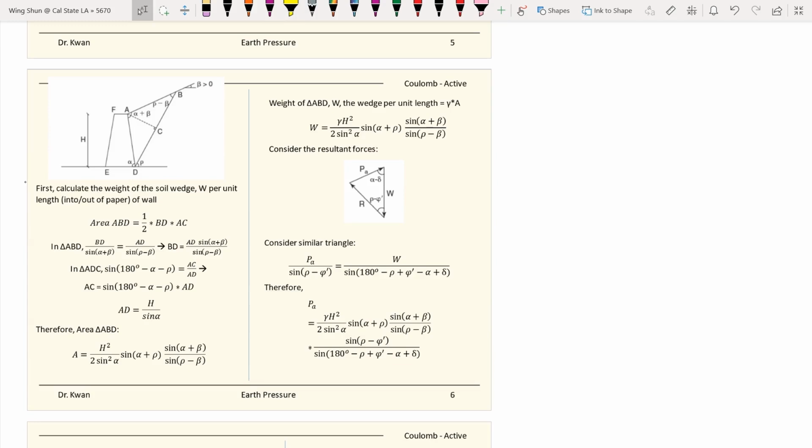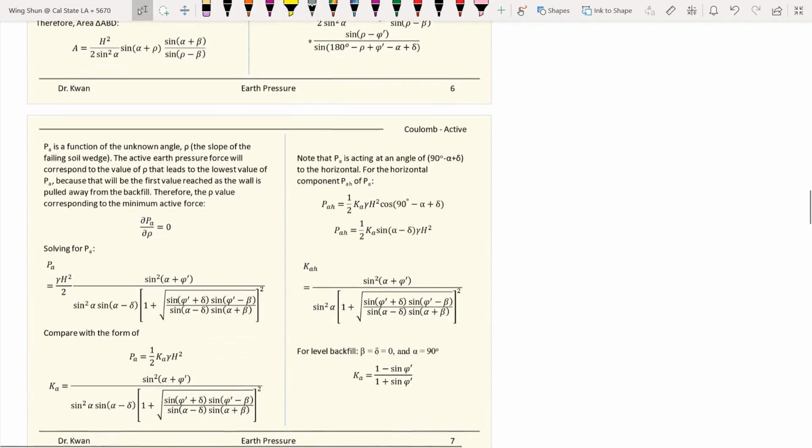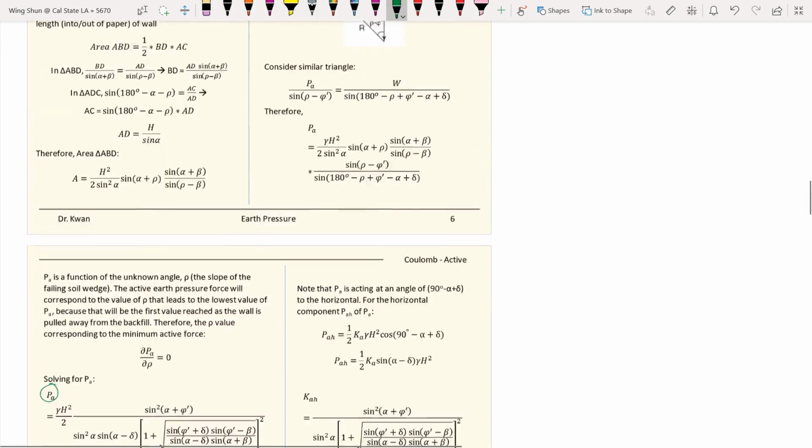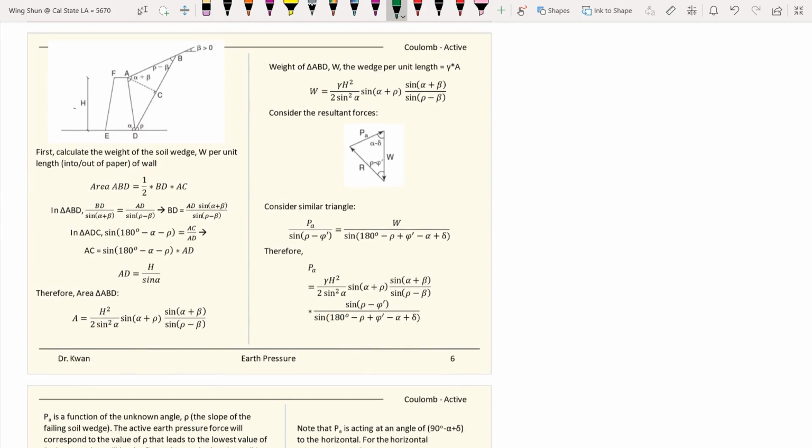So eventually, a bunch of trigonometry problems is to solve for this PA, which is the resulting force provided by the retaining wall to resist the soil movement. And this can be done in both active or passive conditions. So how do you do it? First, he assigned the angles.